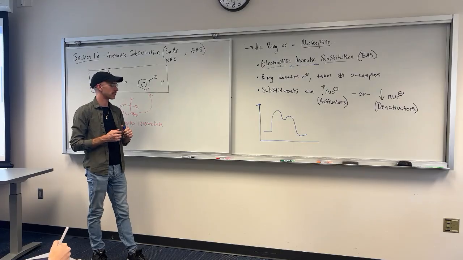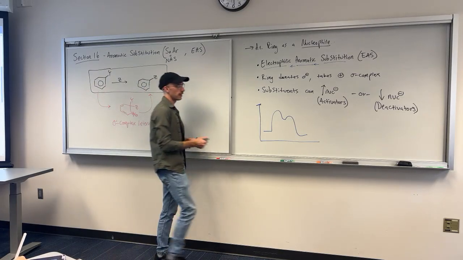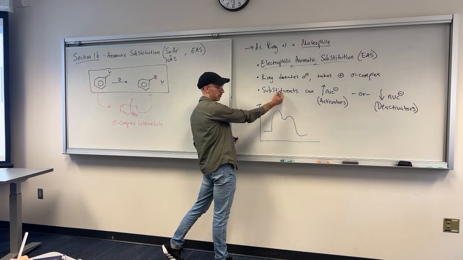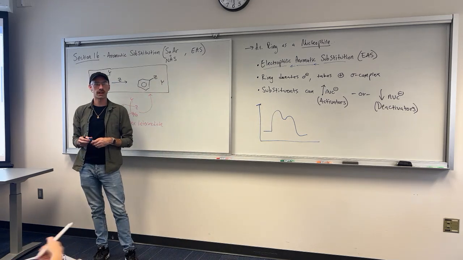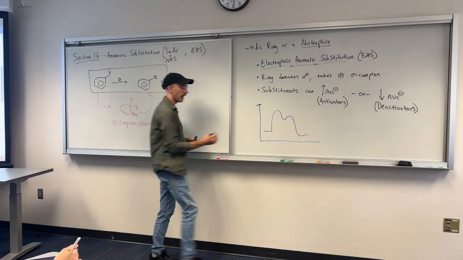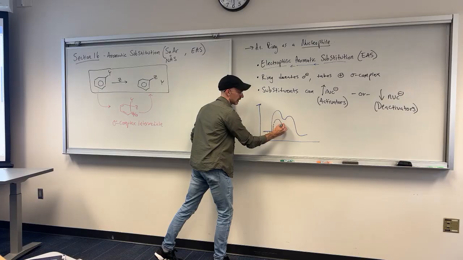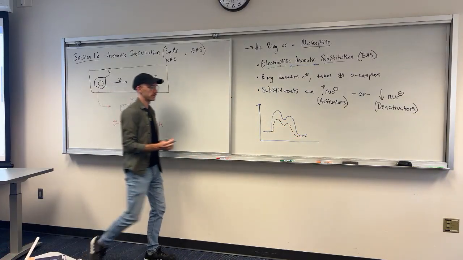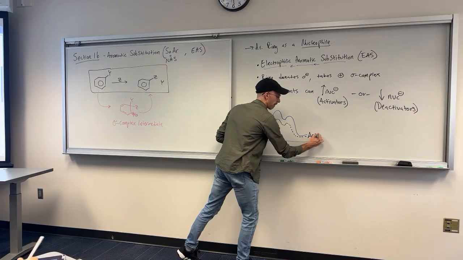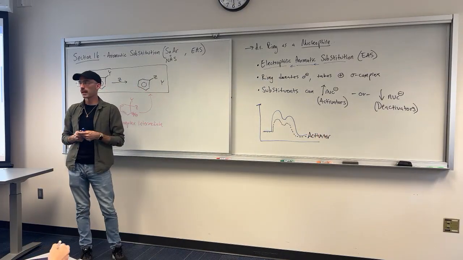There are two ways that you can substitute the ring. Here's your sigma complex in the middle. This is a brief energy diagram. If you have an activator, it takes less energy to run the reaction. We're going to name those substituents.